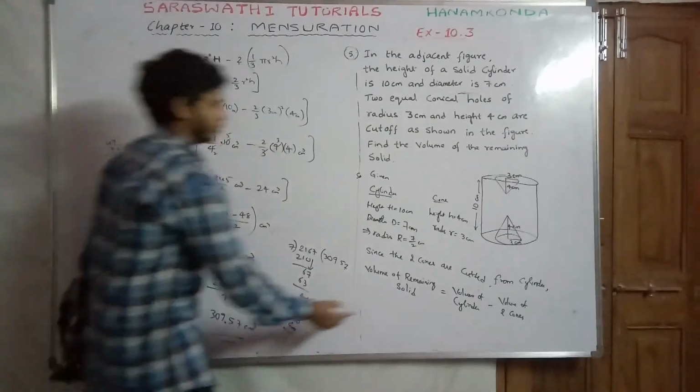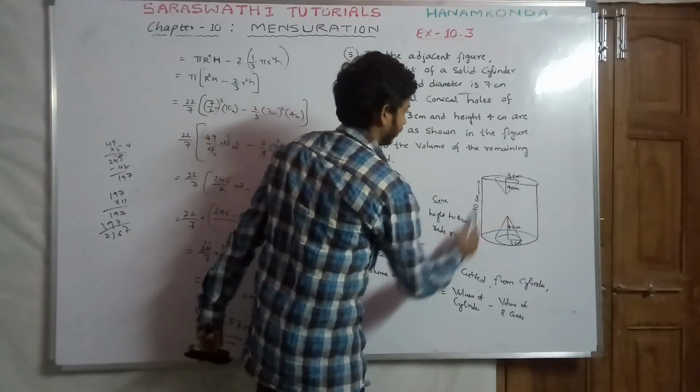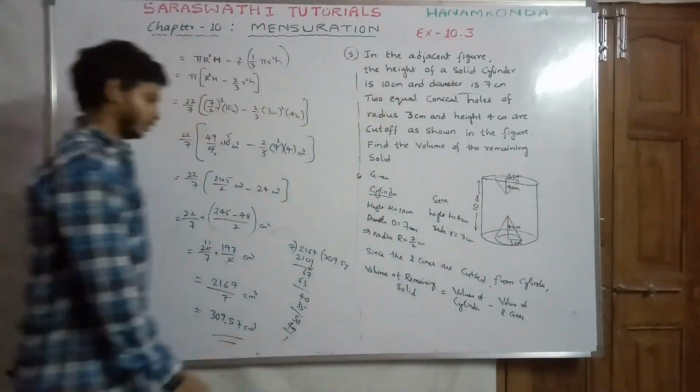So this is the volume of the remaining solid when the two cones are cut from the cylinder. This is the answer.